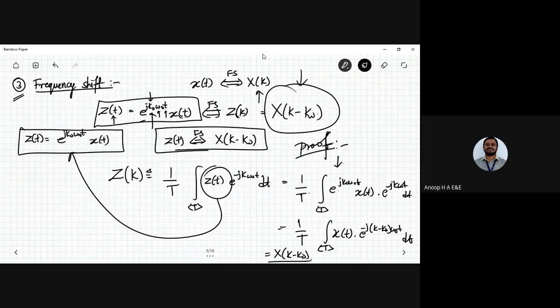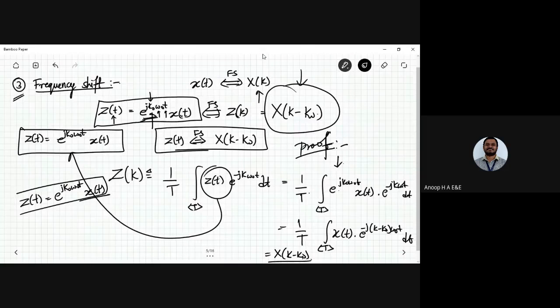So z of t is being replaced here. If you observe, I know that z of t will have e power j into k naught into omega naught into t into x of t. So you have z of t equal to e power j into k naught into omega naught into t into x of t.